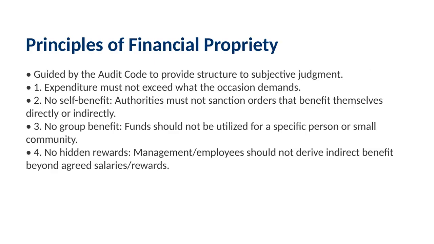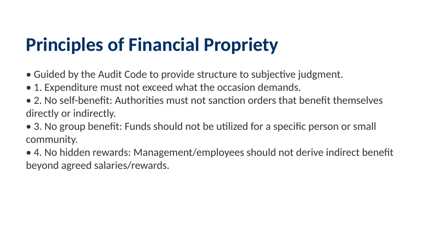However, to provide some structure, the Audit Code has laid down certain general principles of financial propriety to guide us. There are 4 key principles you need to remember here. First, expenditure should not be more than what the occasion actually demands. Second, the person sanctioning the expenditure must not use their power to create an order that directly or indirectly benefits themselves.